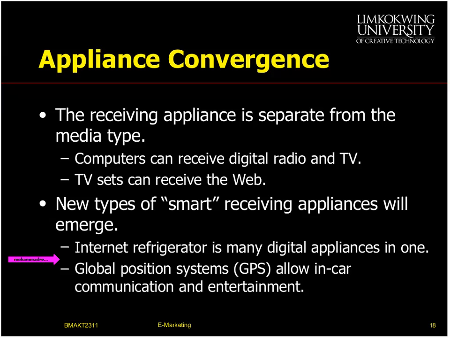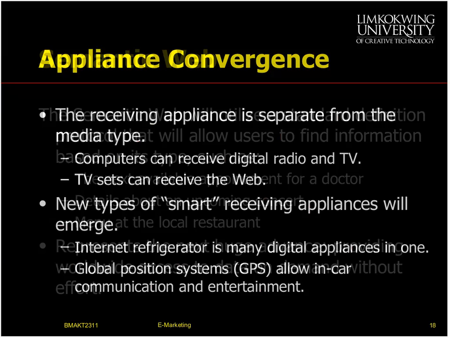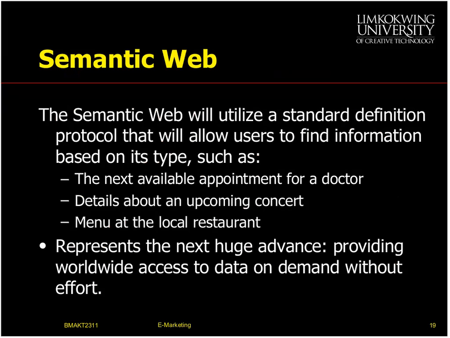Let's go later on and talk about the semantic web. What do we mean by semantic web? The semantic web will utilize a standard definition protocol that will allow users to find information based on its type, such as the next available appointment for a doctor, details about an upcoming concert, or the menu at the local restaurant.